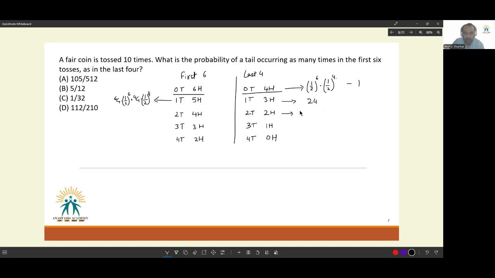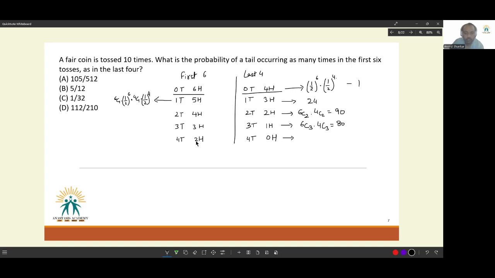Then from here we'll get 6C2 into 4C2, which is 15 into 6, 90 cases of this. Then here 6C3 into 4C3. So 20 into 4, 80 here.